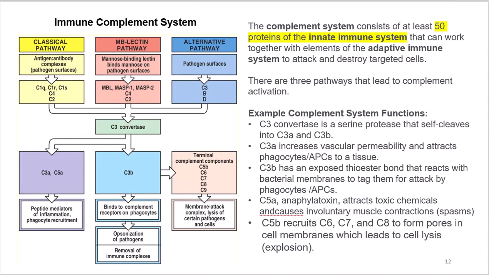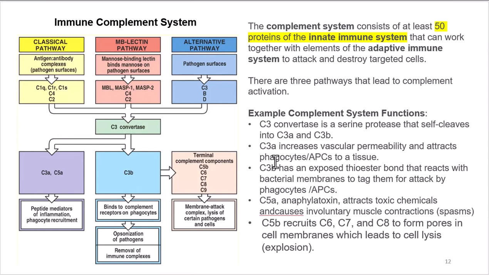It has its own protease, which can actually cleave peptide bonds, and it can cut itself up into 2 main proteins. C3a, which increases the permeability of blood vessels, and C3b, which can react with bacterial membranes and tag them for attack by phagocytes, those cells derived from the monocytes, such as the dendritic cells and the macrophages.